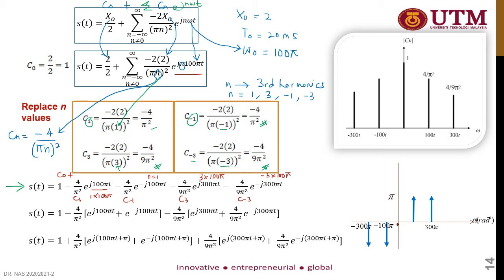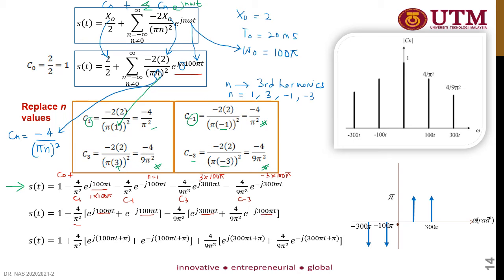Okay, next you can simplify this equation. Group the same coefficient values. In this case, this is for omega 100 pi and omega minus 100 pi. So this is the coefficient. This is for the next omega values.